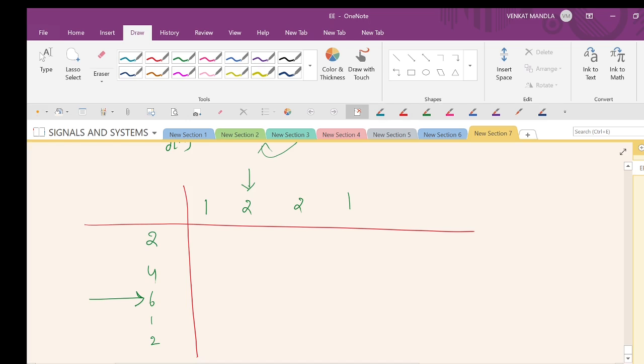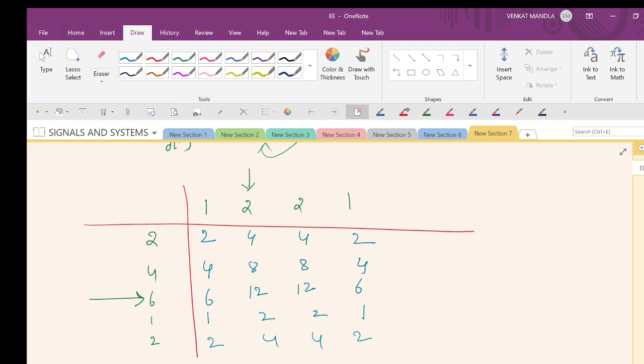Multiply each element of h of n with x of n. So 2 into 1, 2; 2 into 2, 4; 2 into 2, 4; 2 into 1, 2. Next 4, 8, 8, 4. 6 into each: 6, 12, 12, 6. 1, 2, 2, 1. 2, 4, 4, 2.